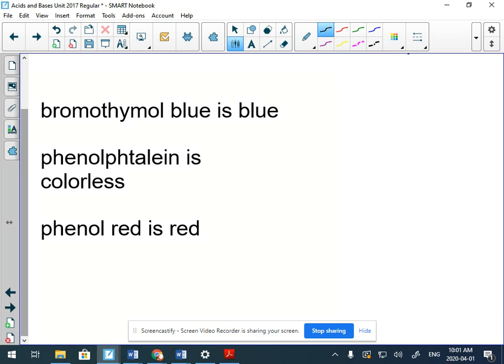If bromothymol blue turns blue, now I'm going to do the long form of this, so you guys will probably do this faster. Bromothymol blue has a range of 6.0 to 7.6. 7.6 and higher is blue. So the unknown solution turning blue in bromothymol blue means the pH has to be higher than 7.6. Not particularly useful.